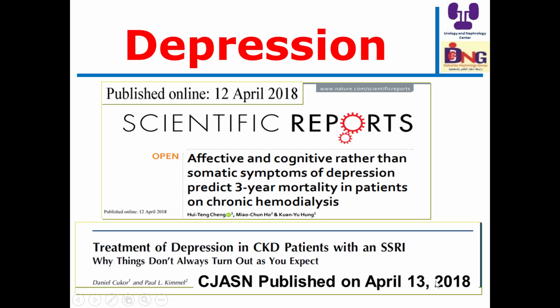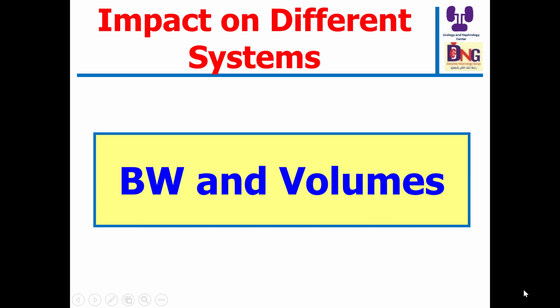And the best management is not restricted to pharmacological treatment, but should include a cocktail of physical, psychosocial, cognitive behavioral treatment and drugs. Blood volumes and dry body weight.